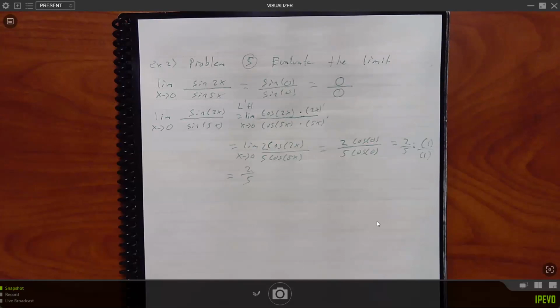Any questions on the derivative or the general idea? All right, maybe one second.